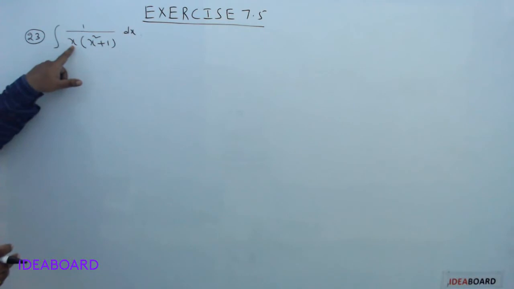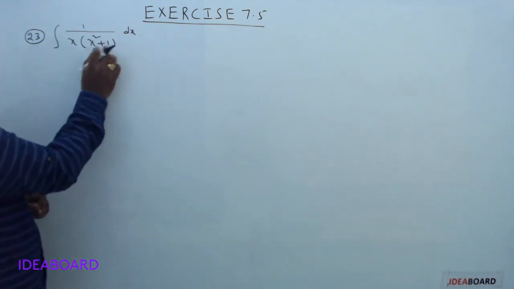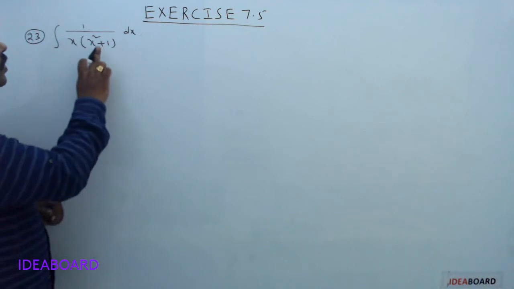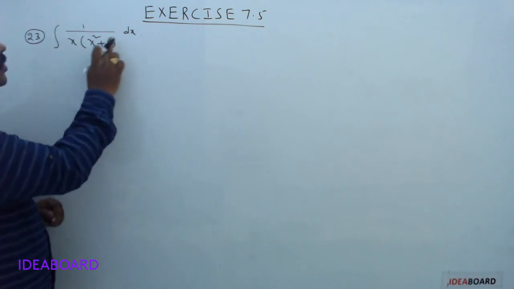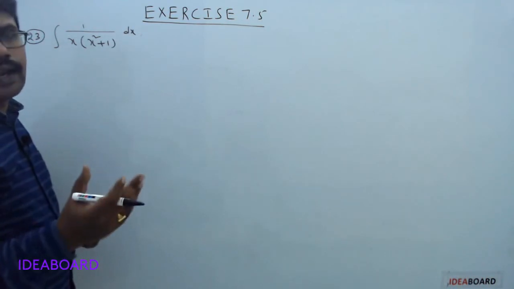Now, x is a linear factor, in particular a non-repeated linear factor. Now, x square plus 1 is an irreducible quadratic factor because if you calculate the discriminant value of this second degree expression, you get a negative value.